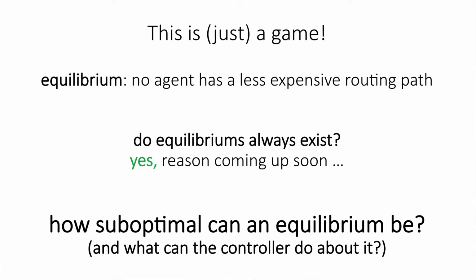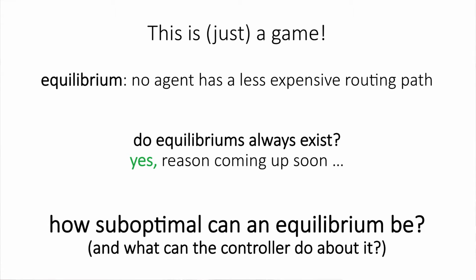How suboptimal can they be, and if they are really suboptimal, then what can we do to improve the situation? In particular, what kind of limited minimal control can a central controller have which would in fact improve the routing behavior significantly, or reduce the routing costs a lot. Okay. So, these are the two questions that I will focus on in this talk.